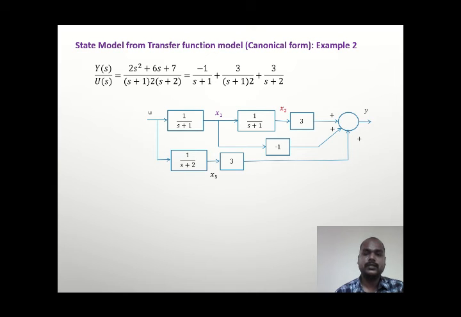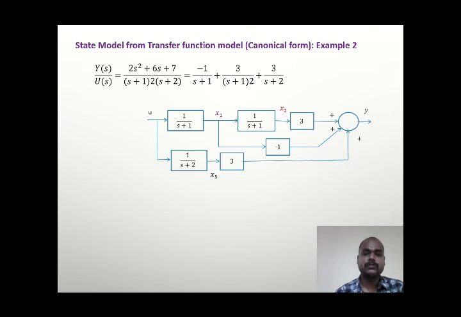We can see here Y is there, and the one term which is contributing 1 by s plus 1 times minus 1 is going to the summing point for Y. After that, we have another term which is 1 upon s plus 1 whole square, directly multiplied by U. But when we look from this place, it is showing 1 upon s plus 1 whole square.